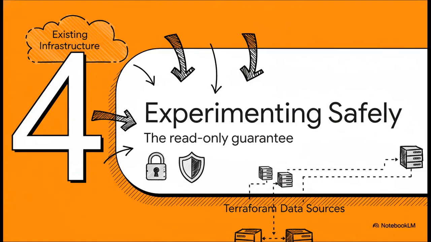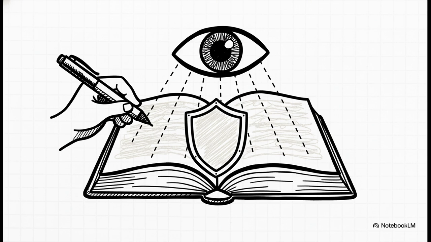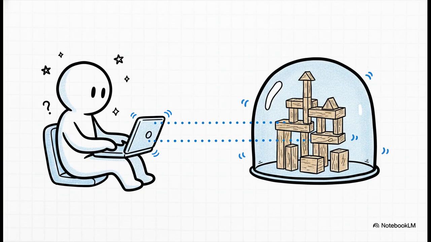And this brings us to what is maybe the most important point for anyone new to this concept. It's the one thing that should give you total confidence to just dive in and try it out, the read-only guarantee. I want this to really sink in. By their very design, data sources are read-only, period. Now, the implication of this is just huge.